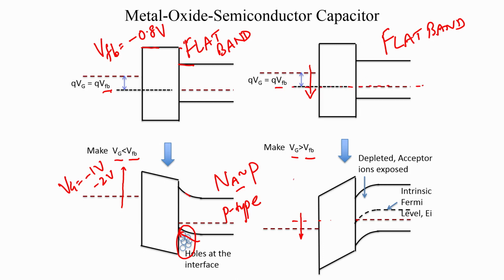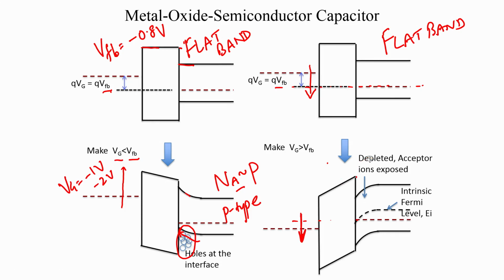So, you are moving from Vg equal to minus 0.8 volts through 0, which is your equilibrium state, and now beyond 0. So, let us say we make it 0.1, 0.2, etc. So, we start increasing Vg. Okay. So, when Vg is greater than Vfp, the bands start bending the other way, because we are now pushing the Fermi level of the metal below the Fermi level of the semiconductor.